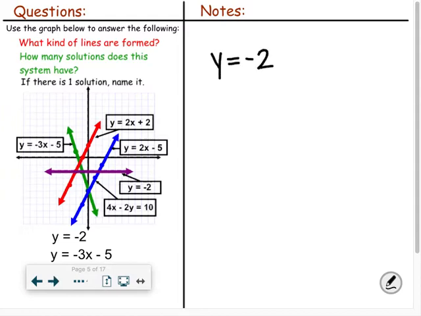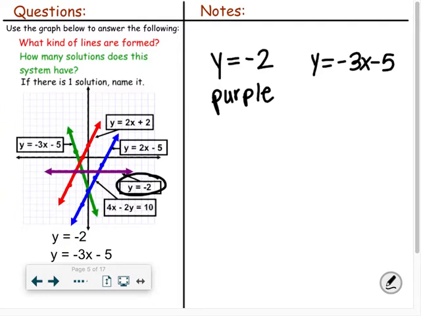Okay, next one. Y equals negative 2. That line is purple right here. And then the second one, y equals negative 3x minus 5. That one is right here, so it's green. So the purple line and the green line cross right here at this point.